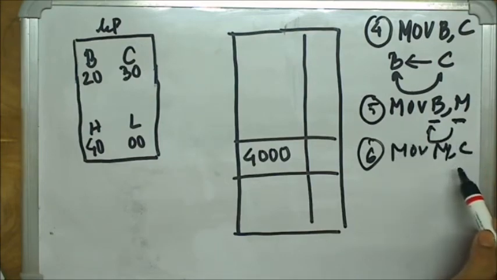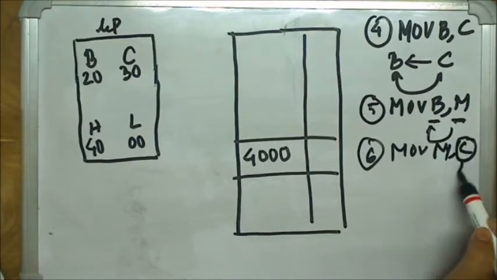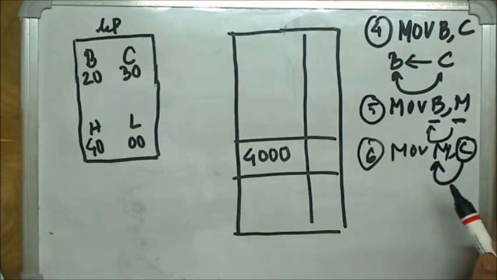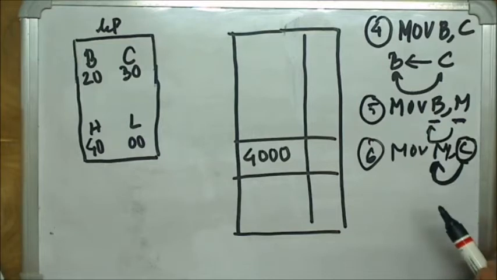Try to say by yourself. The 8-bit data of register C will be copied to a memory location pointed by HL pair. Clear?